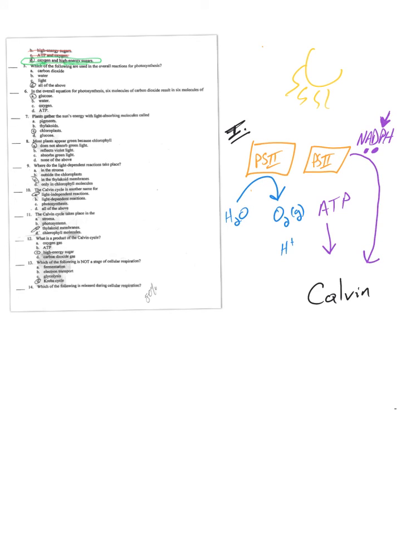And so what we get is the Calvin cycle, and then NADP plus goes back, and so does ADP, all going back in a giant cycle to replenish the supply of NADPH and ATP necessary to run the Calvin cycle. Now in the Calvin cycle, there's a lot of steps. We've discussed it.